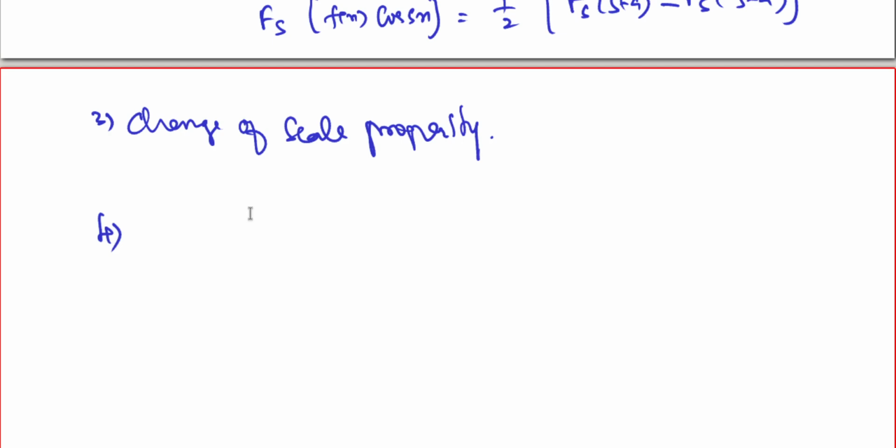And this one I needed, I wanted for differentiation of sine and cosine transform.